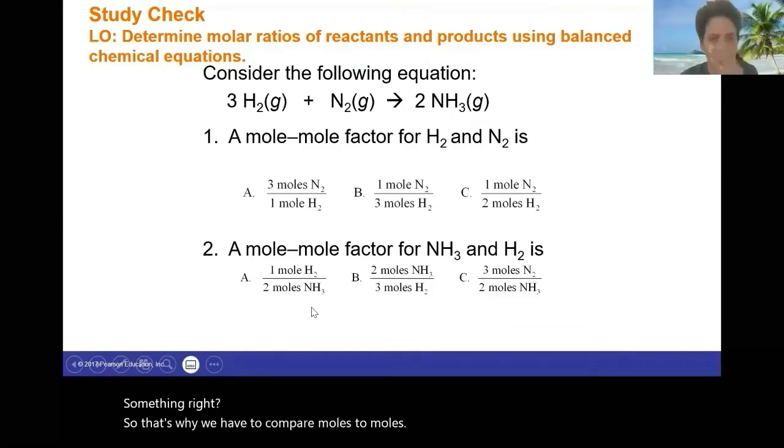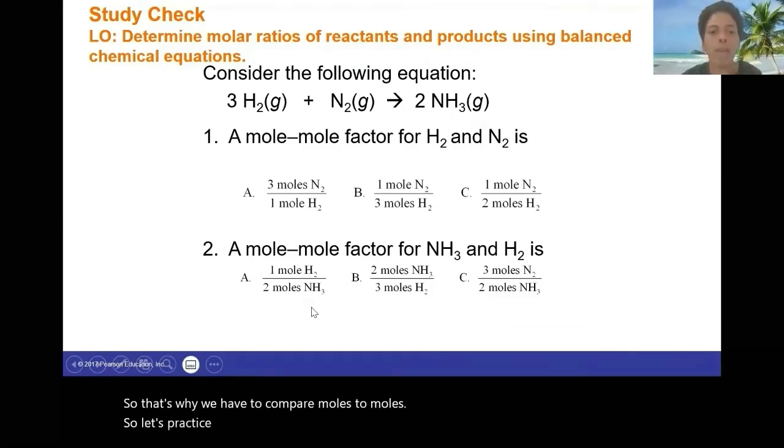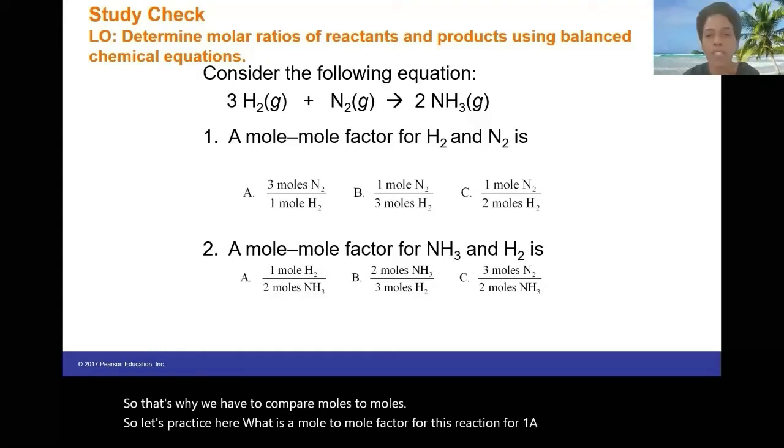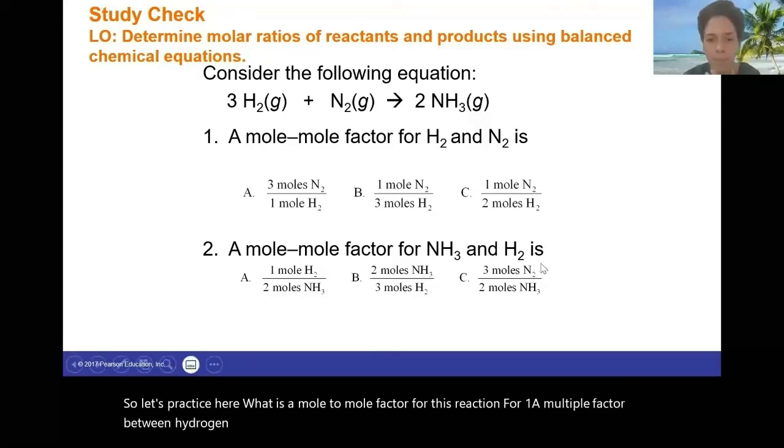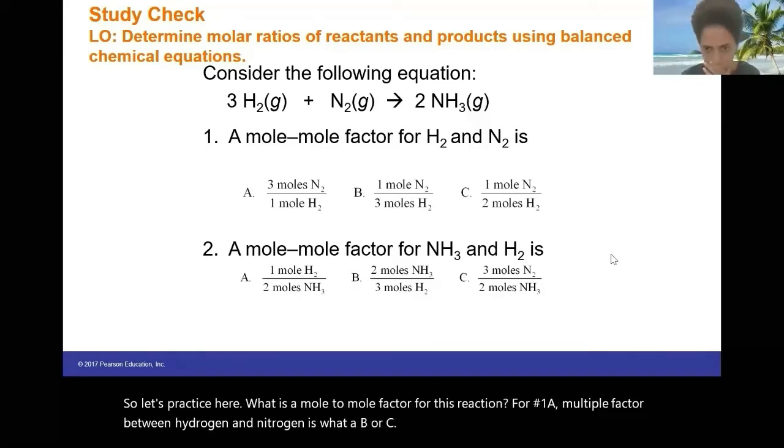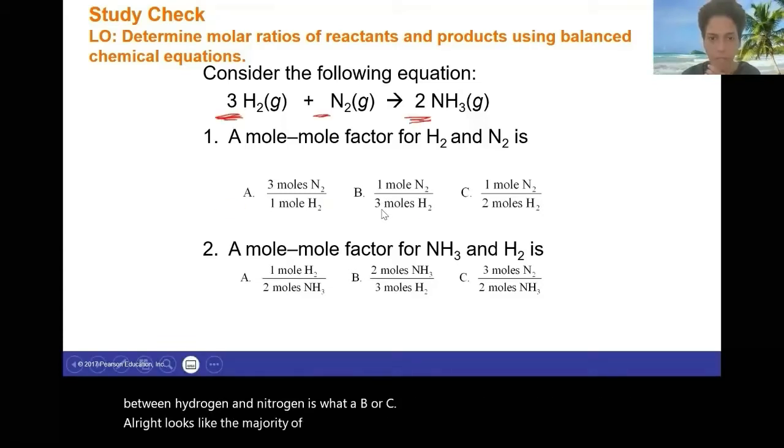So let's practice here. What is a mole-to-mole factor for this reaction? For number 1, a mole-to-mole factor between hydrogen and nitrogen is what? A, B, or C? All right, looks like the majority of you are saying B. Correct.